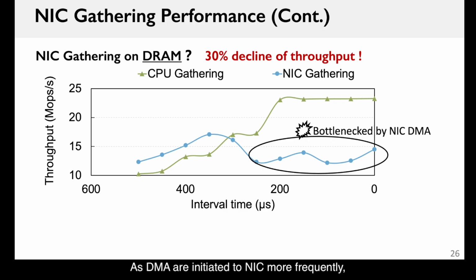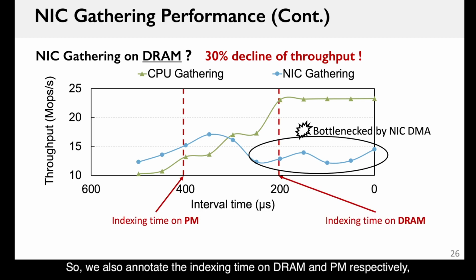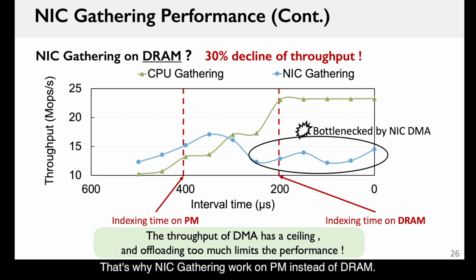As DMA are initiated to NIC more frequently, the throughput of NIC gathering quickly saturates. In PS, the indexing time is roughly the interval between two gathers. So, we also annotated the indexing time on PM and DRAM respectively, and they are on each side of the cross point. That's why NIC gathering works on PM instead of DRAM.